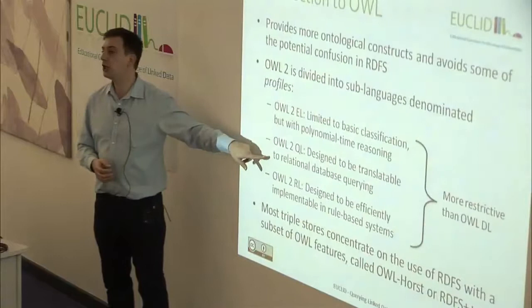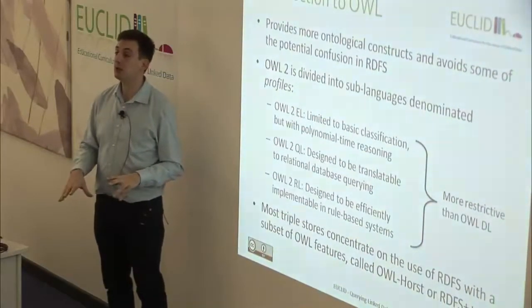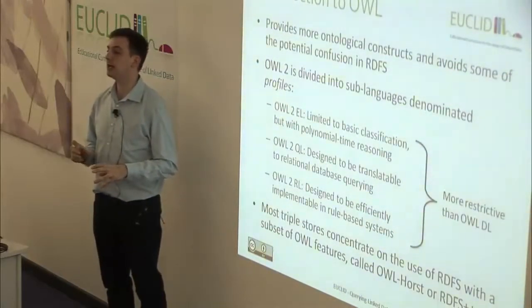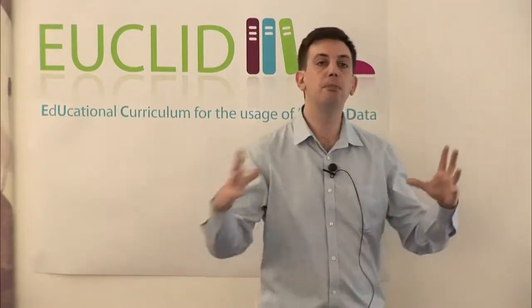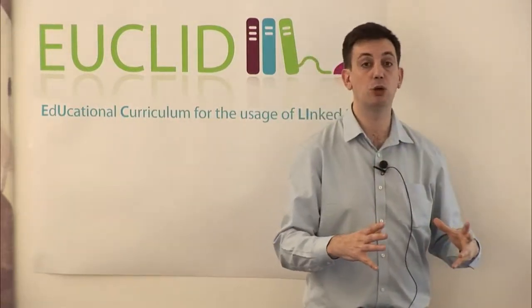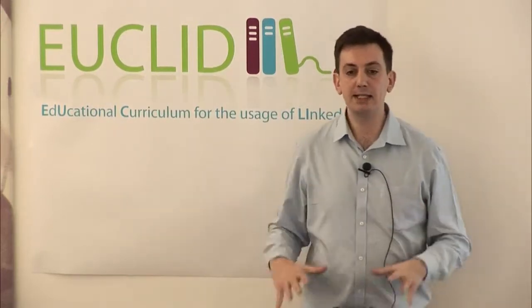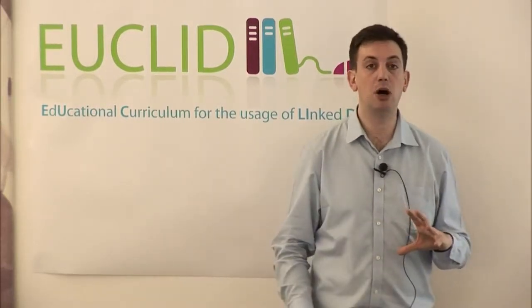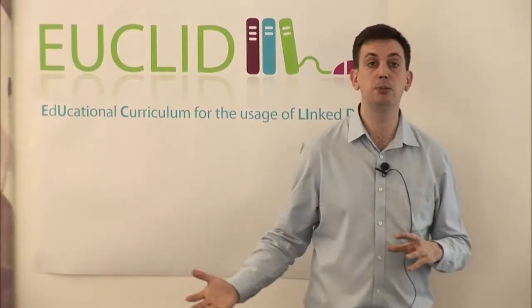You've got one called QL, which is pretty much defined to be executable over a relational database. So if we just have a SQLable relational database, we can implement all of the inference that we'd like according to this profile of OWL, this combination of features called QL, over that. When it comes to having a native RDF store, one that's built deliberately to store RDF and allow inference, we'd very often use a rule system to implement the inference.